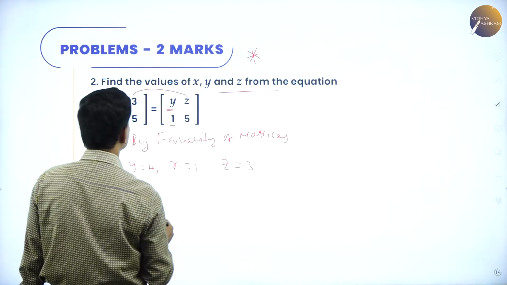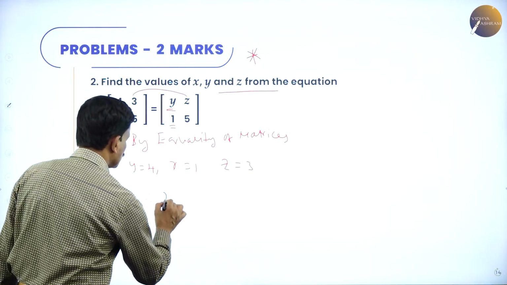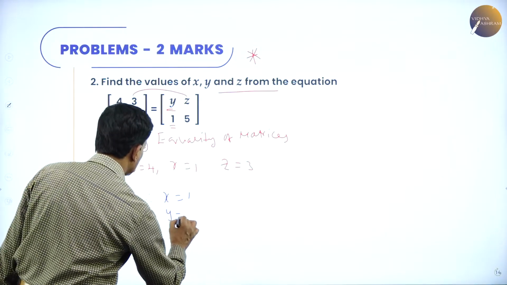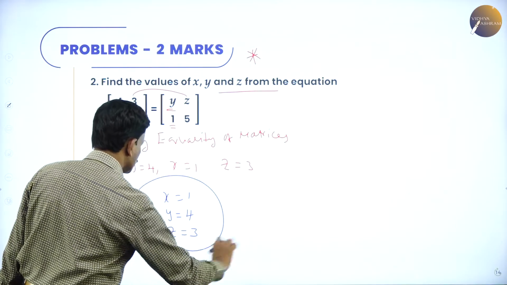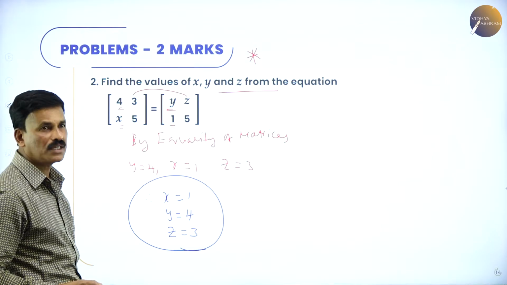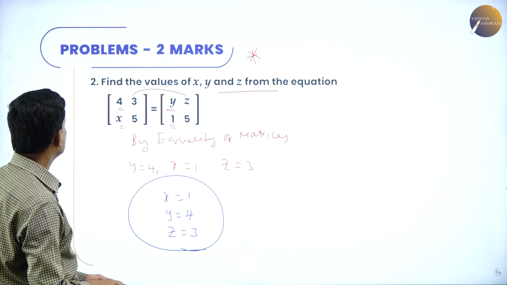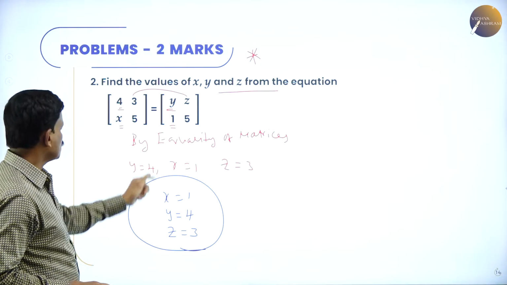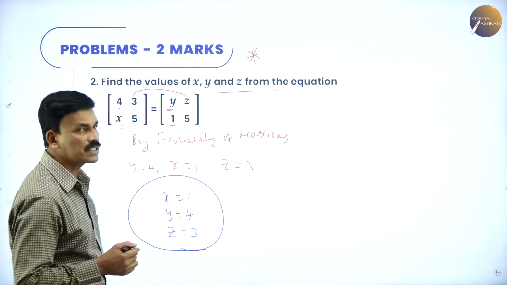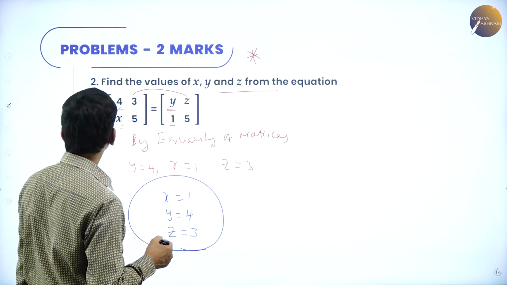Therefore, x is equal to 1, y is equal to 4, and z is equal to 3. If you do this much, you will get 2 marks. Very simple. Now let us come to the next problem.